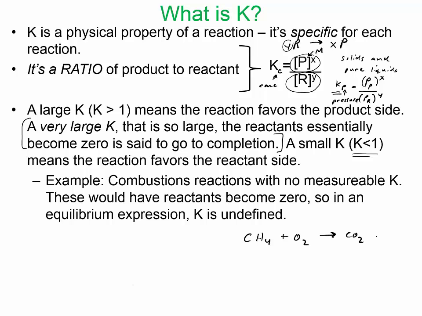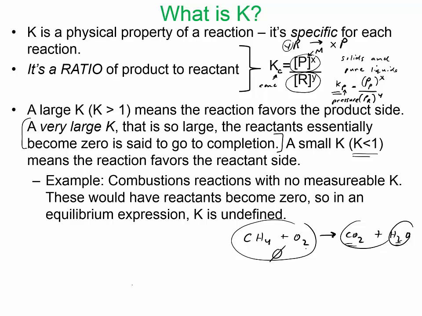When you burn methane, the gases that form are not going to combine and make methane gas again. If you burn a log, the ash and all the gases that form, it's not coming back to make the log again. So those don't really have equilibrium because the reactants essentially become zero when the reaction is done. So these get consumed fully.